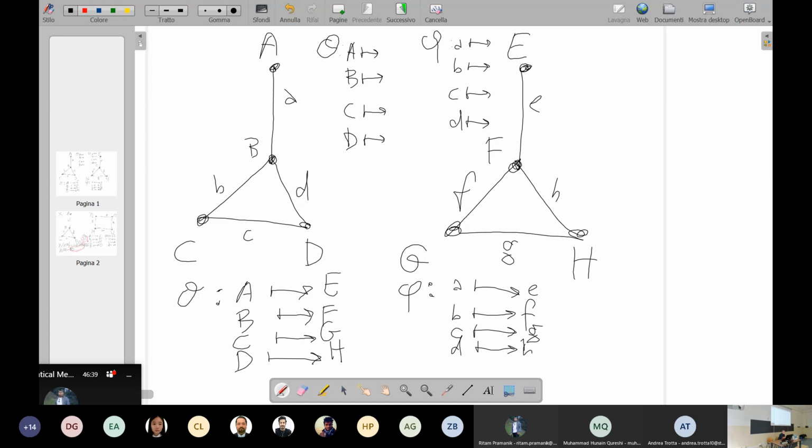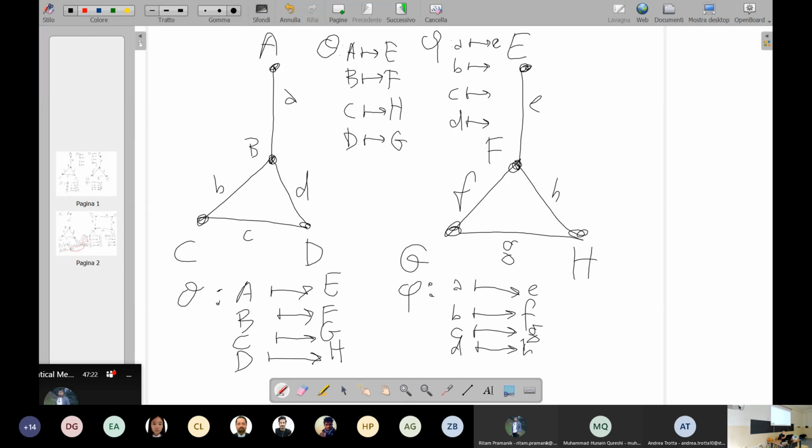Capital A to capital E, capital B to capital F, okay, and consequently, small a to, yeah, and small b to small h this time.